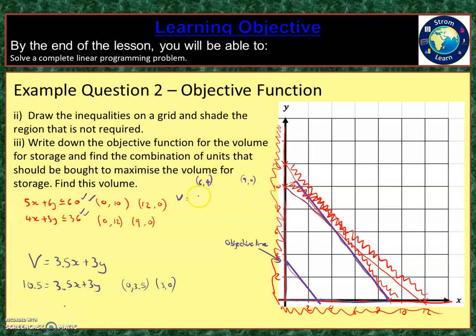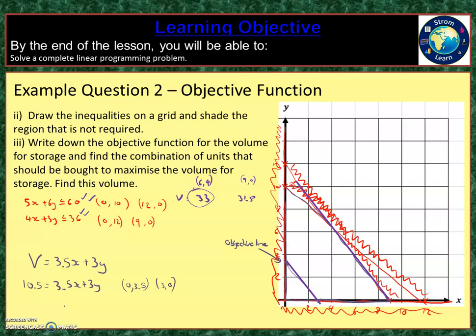That gives us a volume of 33 if I use the 6, 4. And if I use the 9, 0, I get 31.5, so that is lower, which means that the 6, 4 is the one that maximizes my objective function.